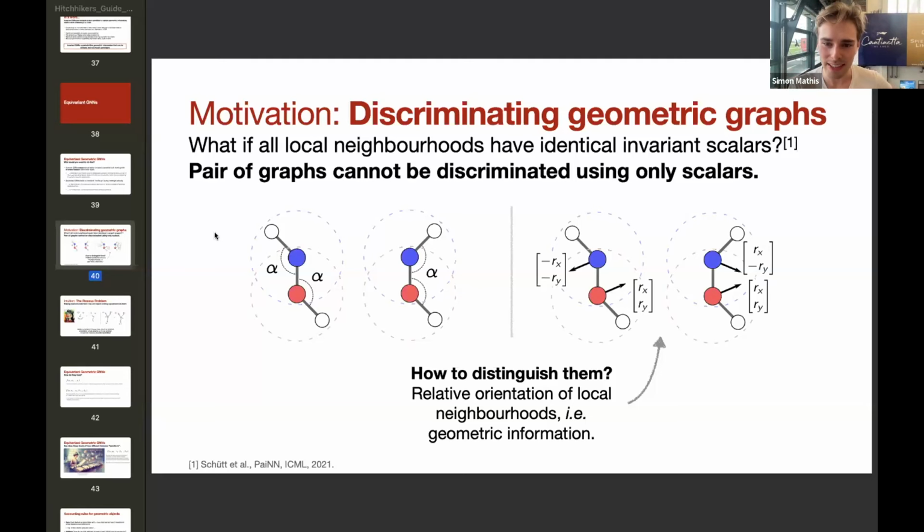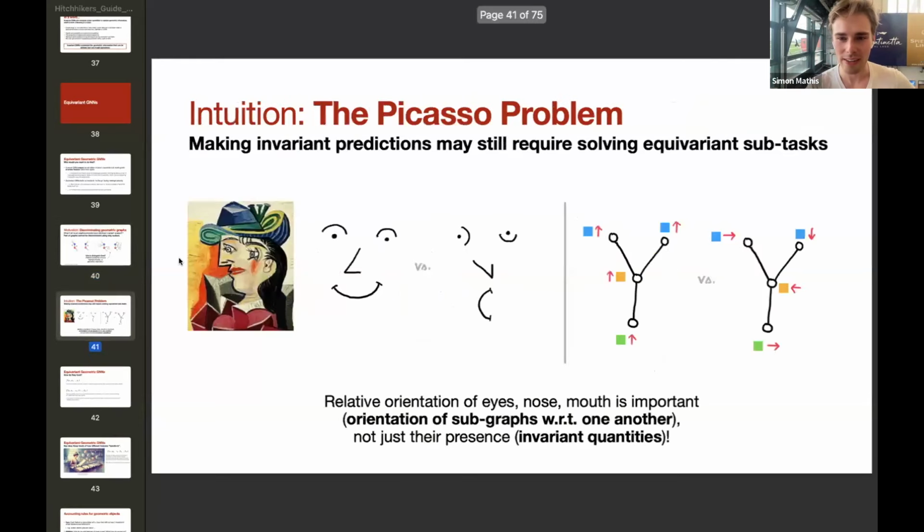A second example is on the next slide, where we try to show the same intuition, which is beautifully presented by the Picasso problem, which I think was coined by Geoff Hinton.